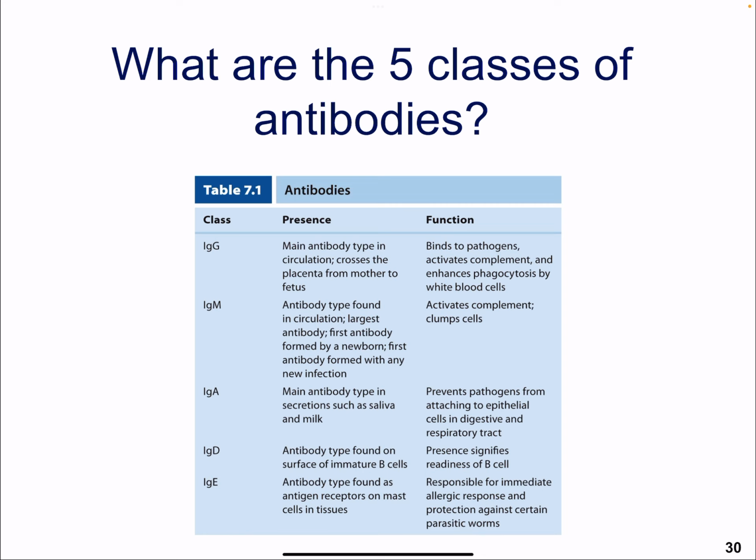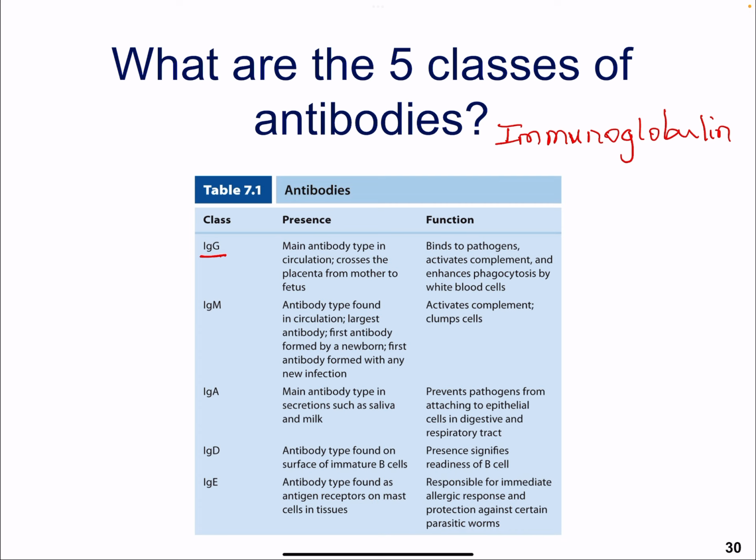What are the different classes of antibodies? There are 5 of them. One is antibody G. Now, you see that rather than saying antibody G, you see IgG. Ig stands for immunoglobulin. So immunoglobulin class G here.